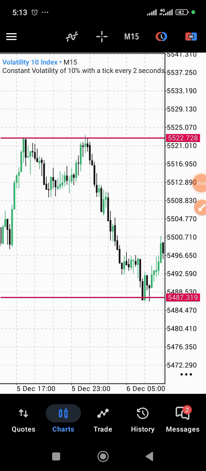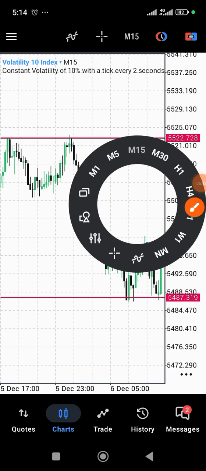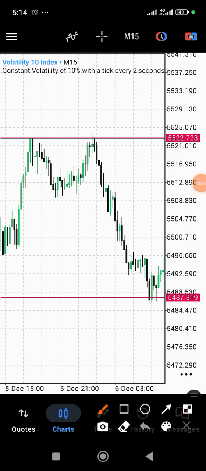So you can see that when market price went below this particular higher low, what would make a higher low valid is that the higher low created a move that went above a previous higher high. That's what makes a higher low a valid one. As you can see, this particular higher low went above this previous higher high.